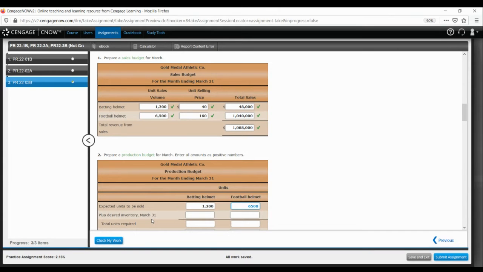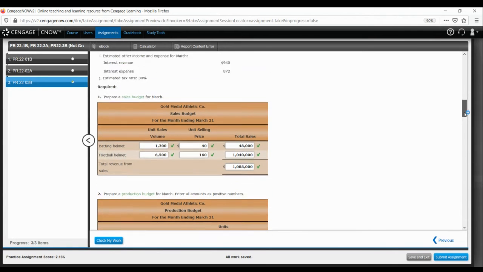So we're going to estimate an amount for the desired ending inventory, and that information is going to be combined with the expected units to be sold, or in other words, we're going to add it to the expected units to be sold. Where you get the information for the desired ending inventory, we're going to scroll back up to the top.